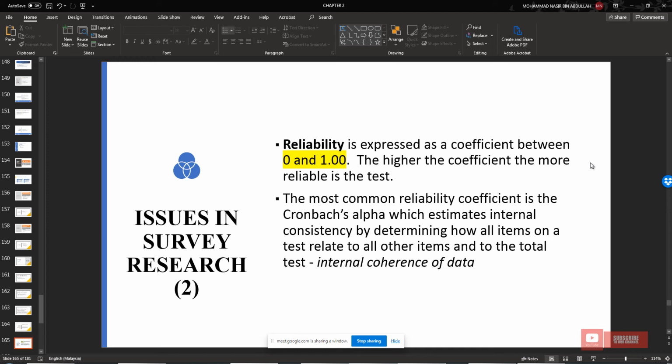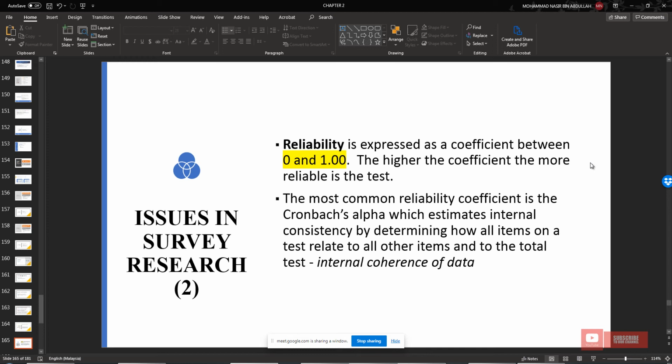So in a pilot test, we are testing whether our questionnaire can be trusted or not by measuring the reliability value statistics. Reliability is measured using Cronbach's Alpha. Cronbach's Alpha, normally we will get in principal component later. Cronbach's Alpha will give a value from 0 to 1. The higher the value, the better the reliability.